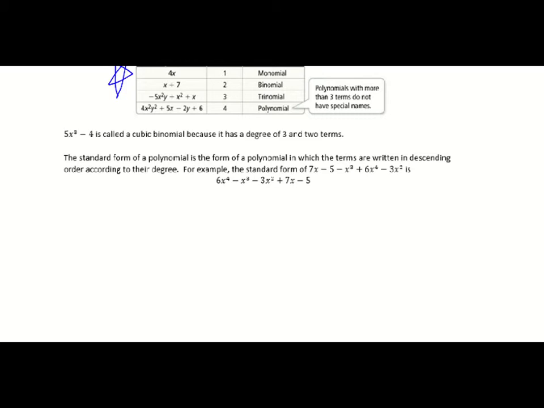So standard form is highest to lowest exponent, and once it's in standard form, it makes it quite easier to classify based on its degree and on its amount of terms. So let's take a look at two examples of how to write in standard form and classify the polynomials that we're working with.